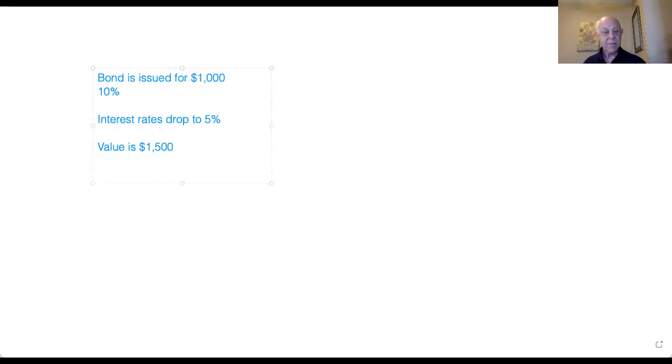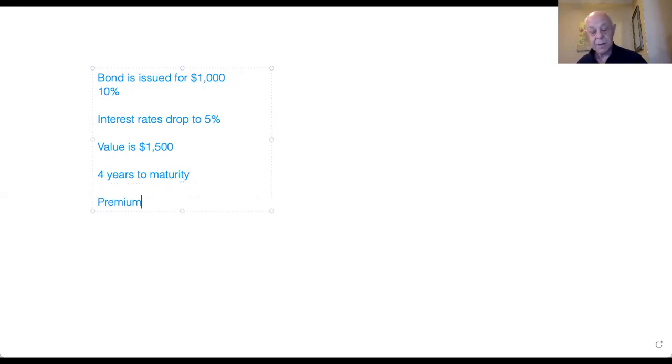And let's assume there's 4 years to maturity. So even though we should be using the constant yield to maturity, let's just use straight line for our purposes. So what's my premium?